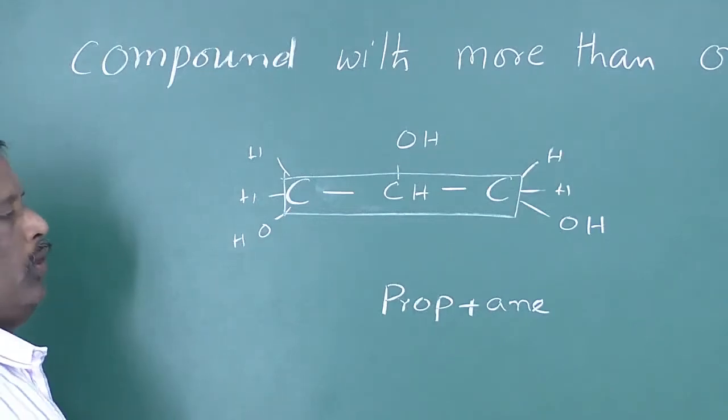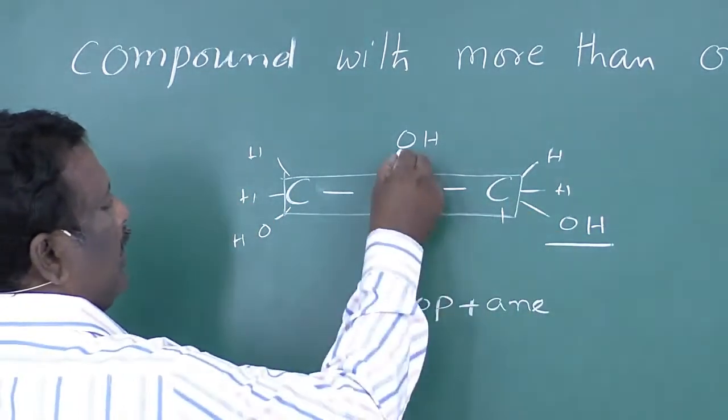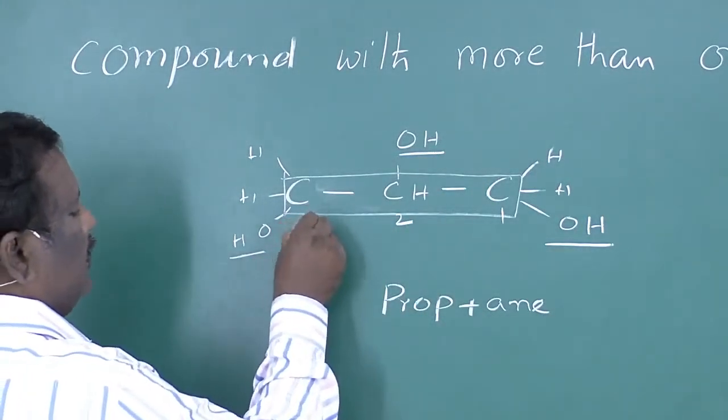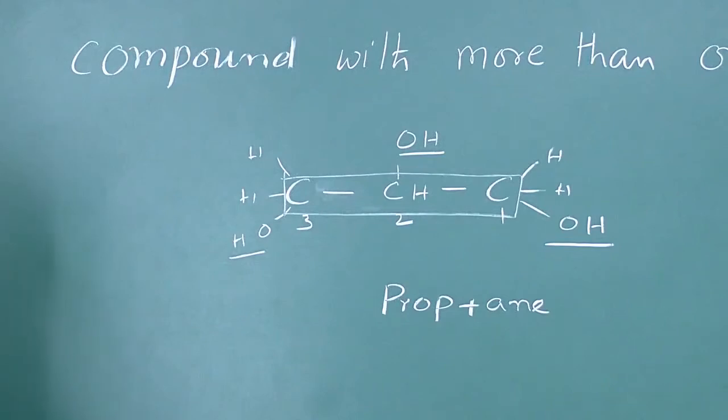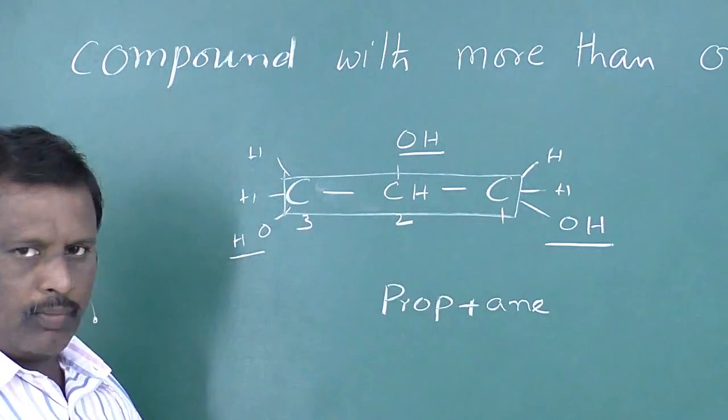Here we have one OH group in the first carbon, another OH group in the second carbon, and a third OH group in the third carbon. We have 3 OH groups. All are similar groups, present in 3 carbon atoms.